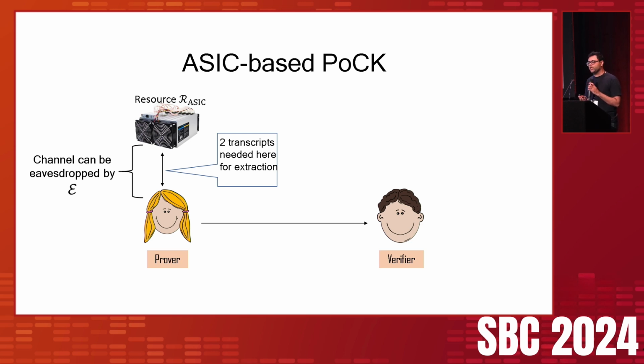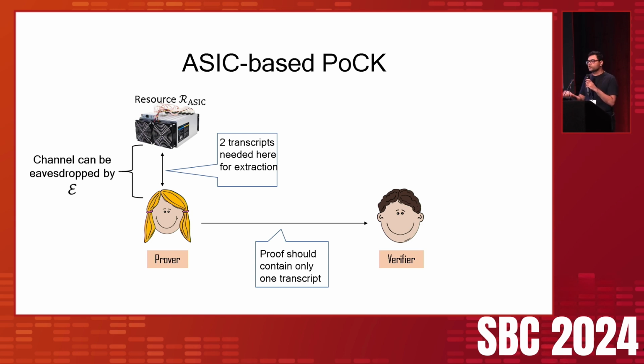There is a little bit of a pickle here. If you remember, special soundness requires two transcripts for extraction. So you need two transcripts to be on the channel between the prover and the resource. But the proof should only contain one of these transcripts sent to the verifier.